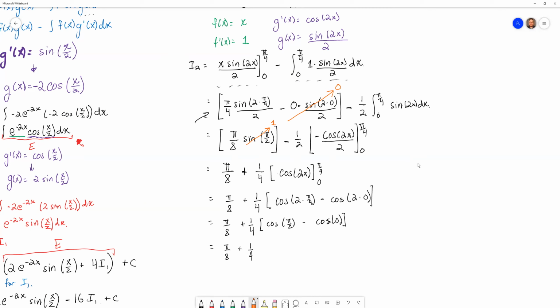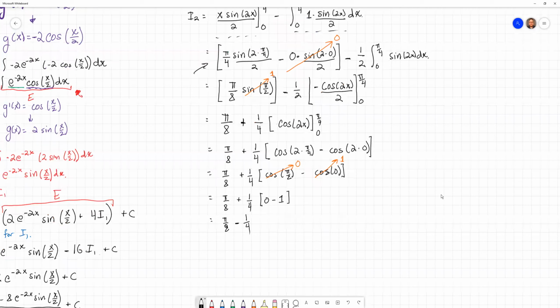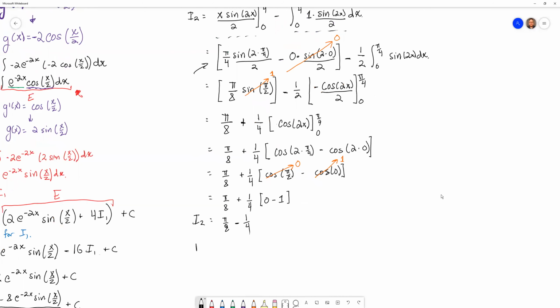Cos of pi over 2 is 0. Cos of 0 is 1. So this becomes 0 minus 1, which is just negative 1. So this gets a negative brought out here. So this is pi over 8 minus 1 over 4, which we can say is a perfectly fine final answer. So I2, but we could also say I2 is approximately 0.142699.